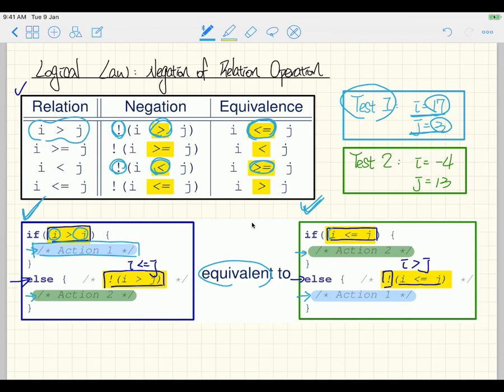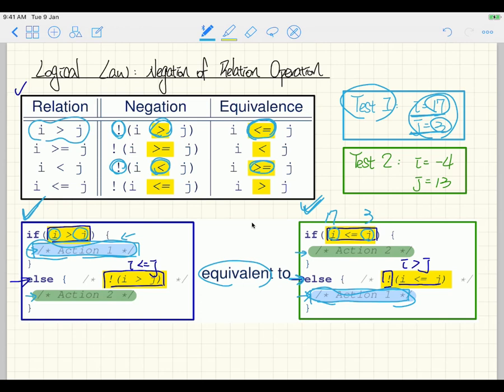I over here is 17, and J over here is 3. 17 less than or equal to 3 is going to give you false. That means you will go into this particular else branch and then execute action 1. So for this particular input, both cases will execute action 1. So for this case, they are equivalent, when the relation is simply true for the left-hand side over here.